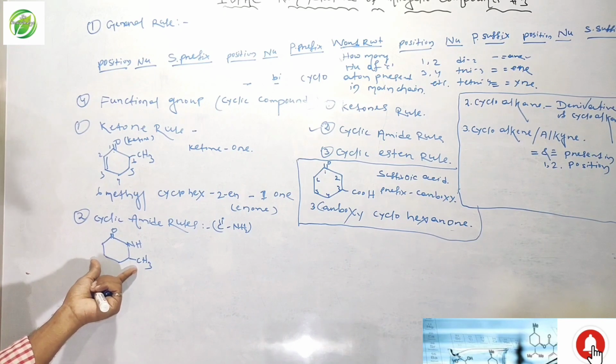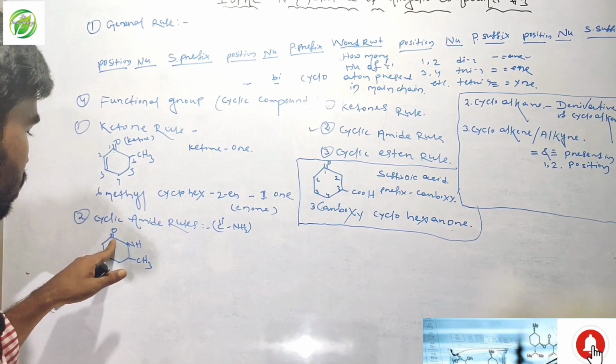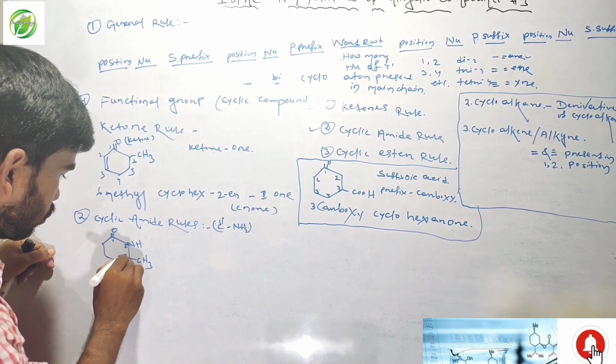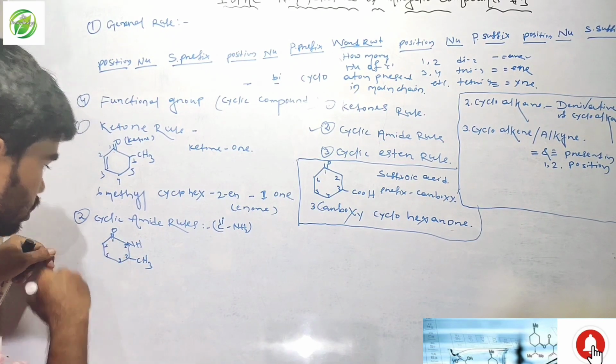Friends, in this case, we start numbering from this amide position, that is 1, 2, 3, 4, 5 and 6.